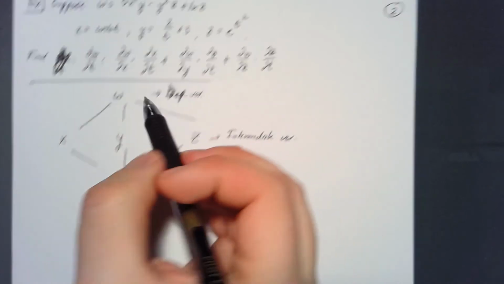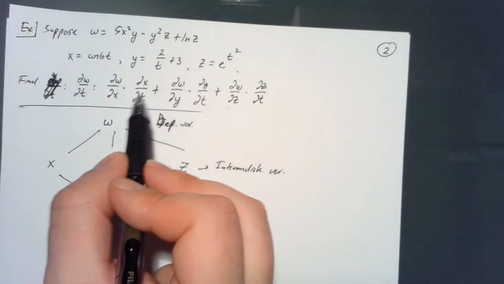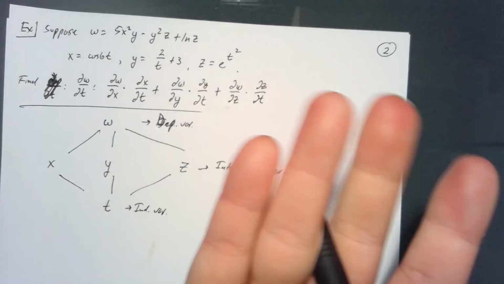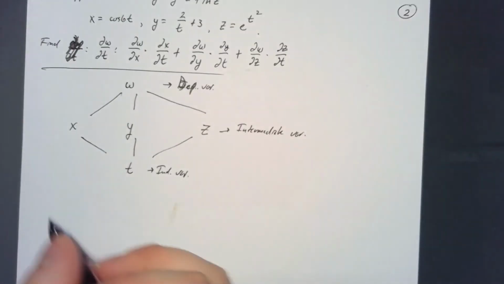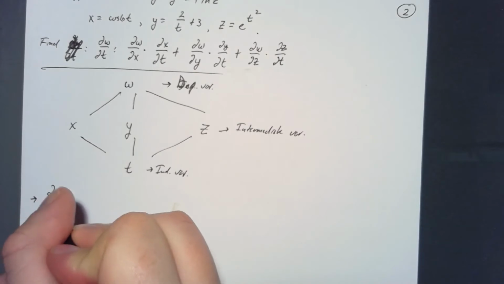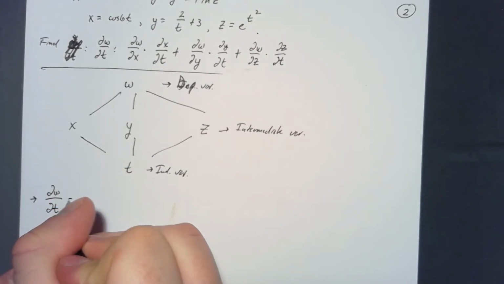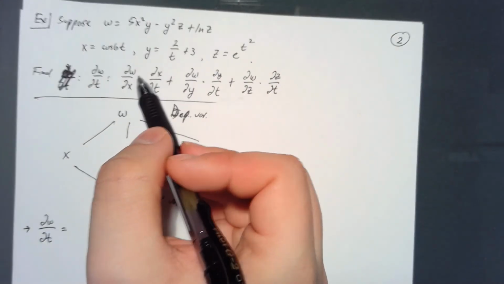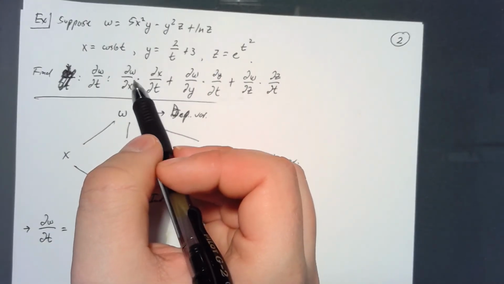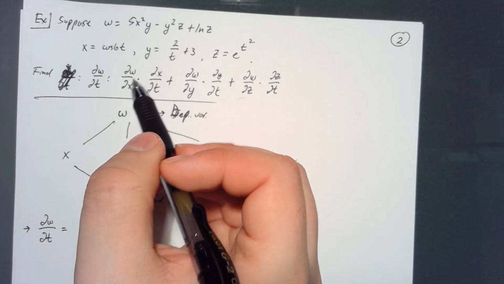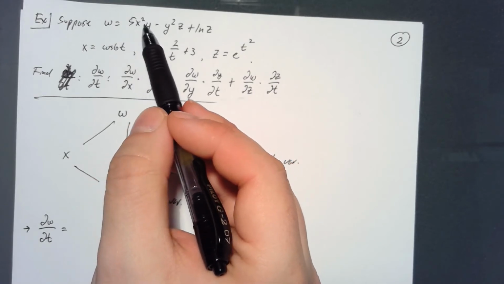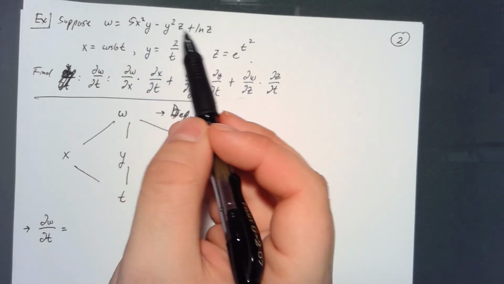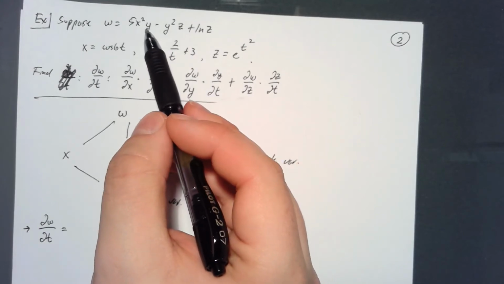So now from here, just take the derivative, find the derivative of each one of these terms and plug them in and you're good. So the partial of w with respect to t is equal to, so alright, what's the derivative of w with respect to x? I only care about x's, everything else is a constant.